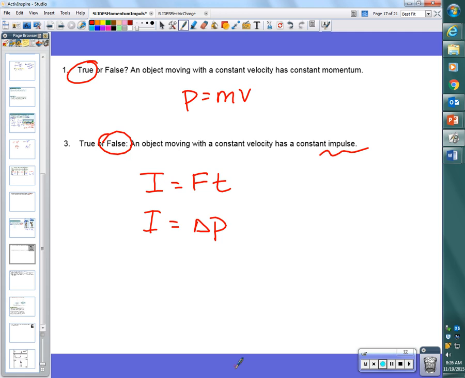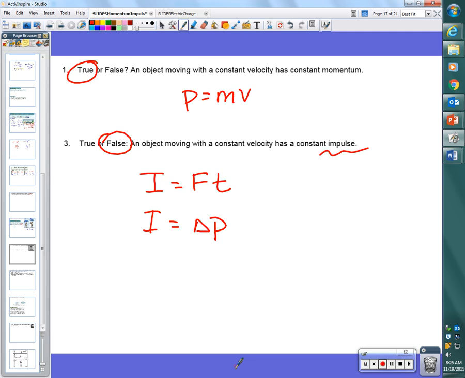An object moving with a constant velocity, is its momentum changing? No. So does it have impulse? What would be the impulse of an object moving with a constant velocity? 0, right?